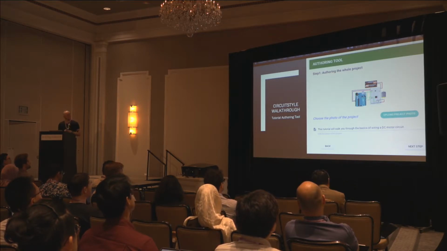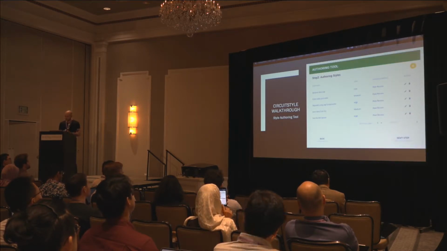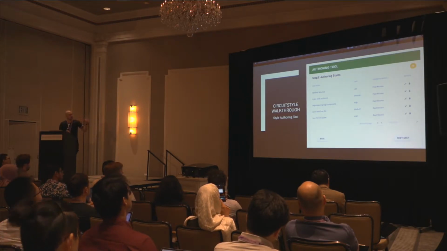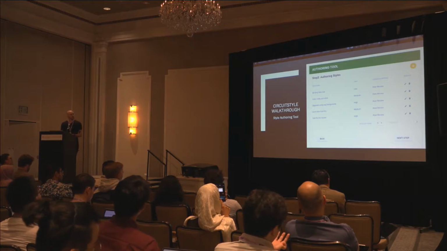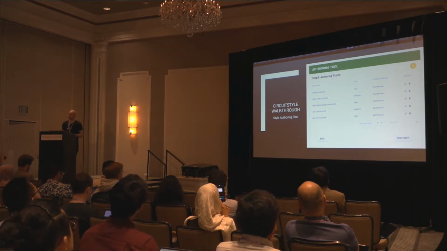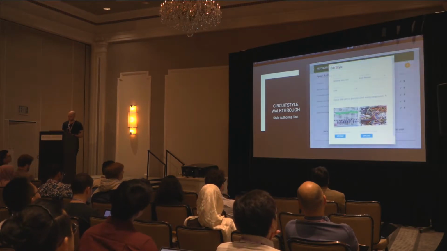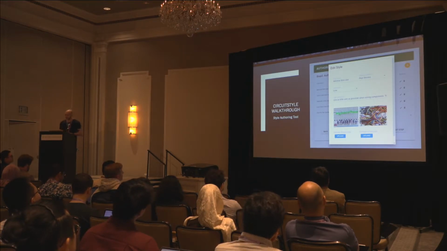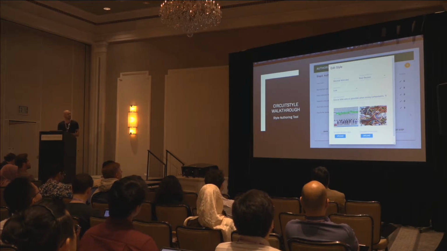Once the tutorial has been authored, we then allow the instructor to either use our default repository of circuit-style behaviors or to author their own circuit-style behaviors. In either case, either editing or writing their own style, there are several customization aspects to writing a circuit-style behavior.